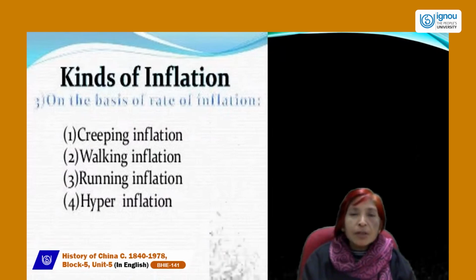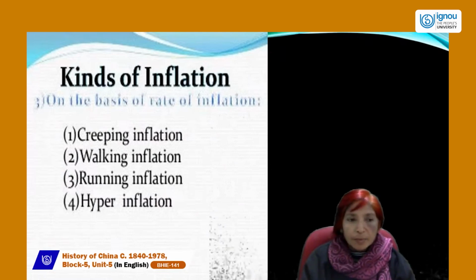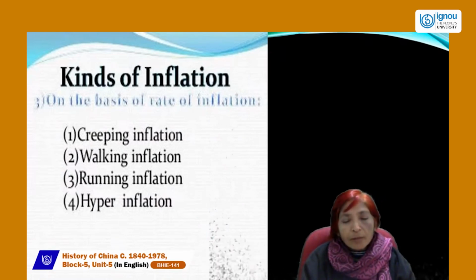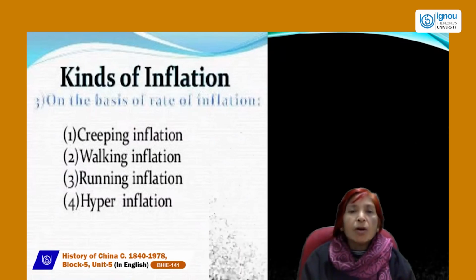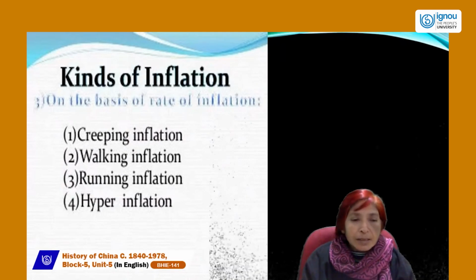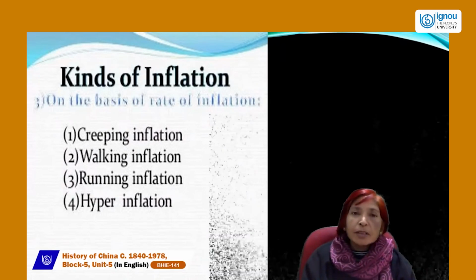Running inflation exists when the inflation rate lies between 10% to 12%. And hyperinflation is a situation when the price level increases by 100% or 200% or 300%, that is hyperinflation.